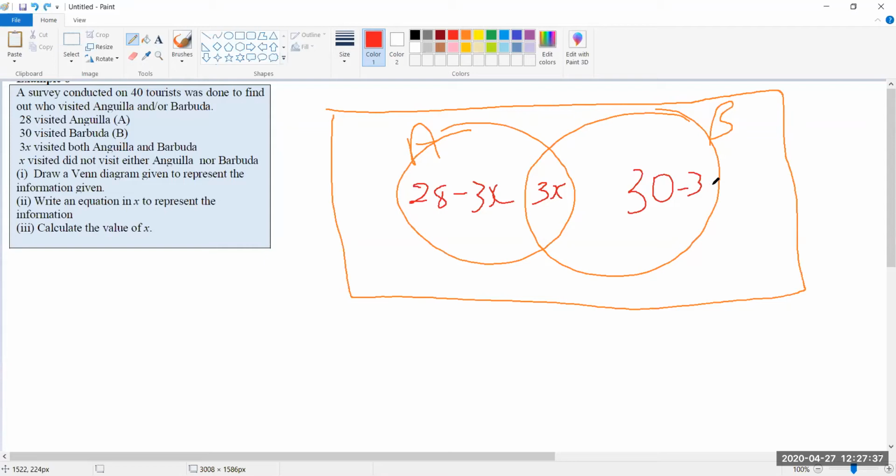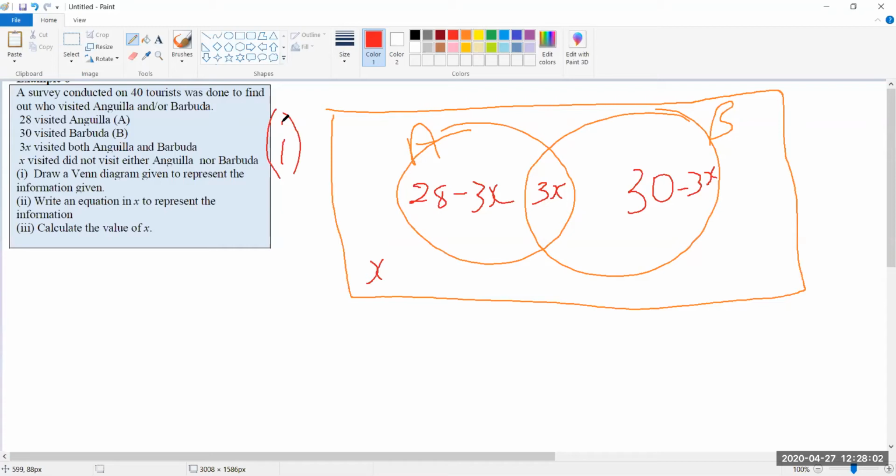Let me just write that properly. Everybody good? And the number of tourists who did not visit Anguilla or Barbuda, that will be the complement of A intersect B, which is X. So X comes outside here. So this is part 1, which is drawing the Venn diagram.